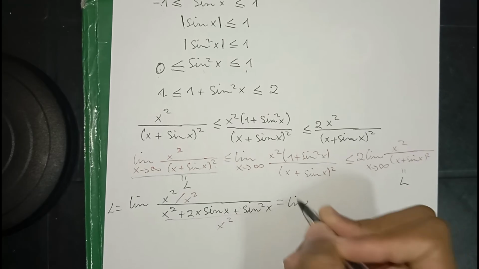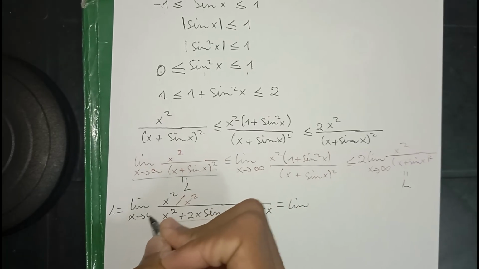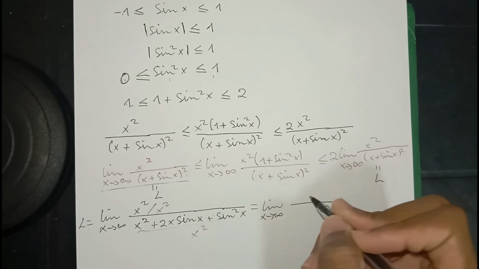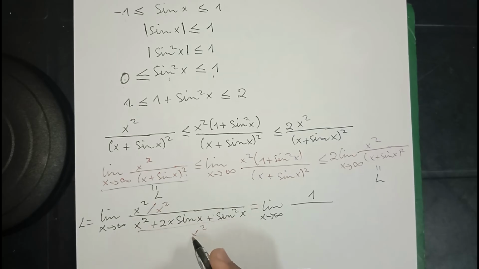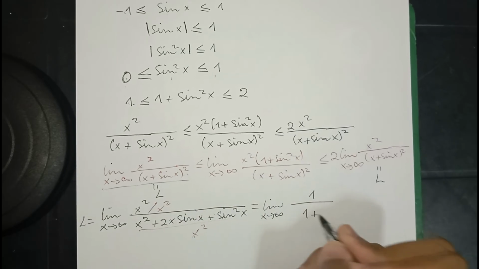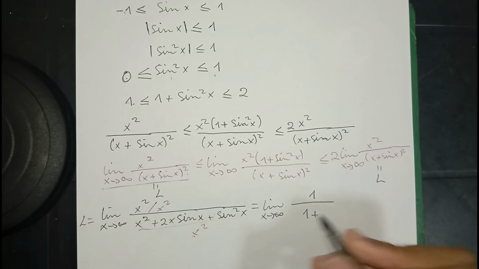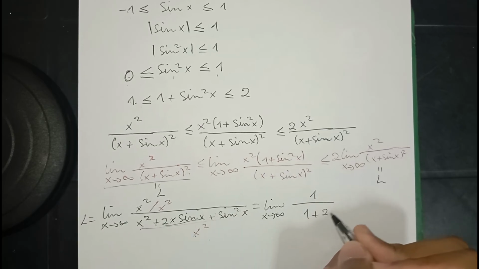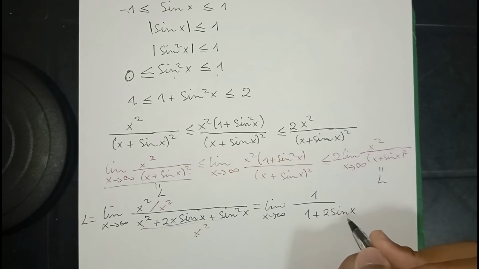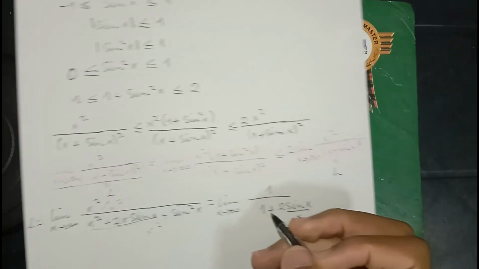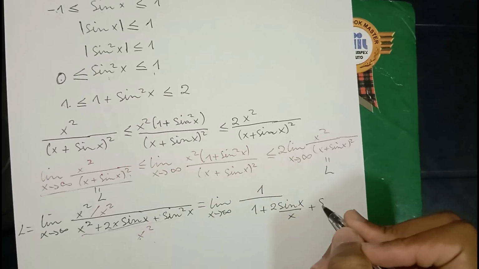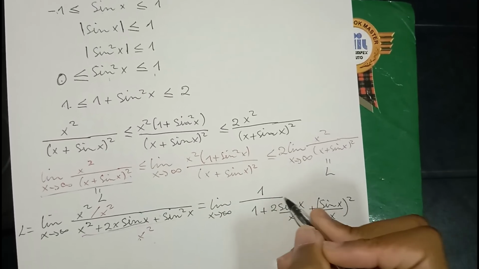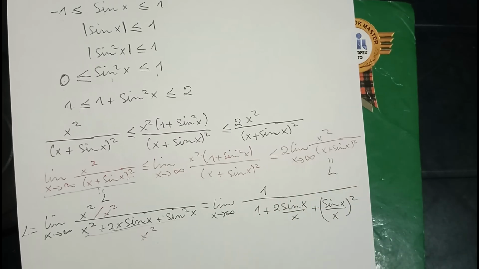So what we get is this limit as x approaches infinity. Here we get x squared divided by x squared, which is 1. Then this divided by this gives 2 sine of x over x, plus this, everything to the power of 2, right?